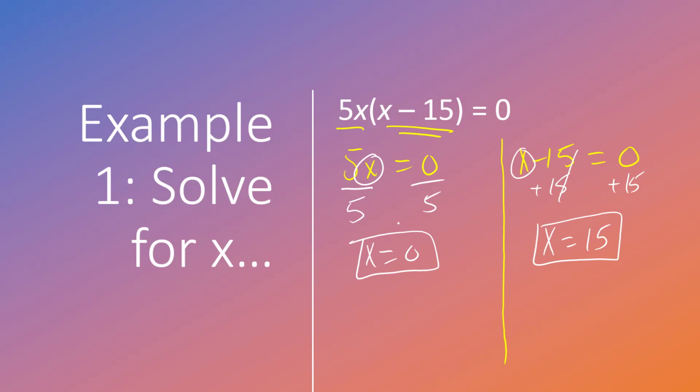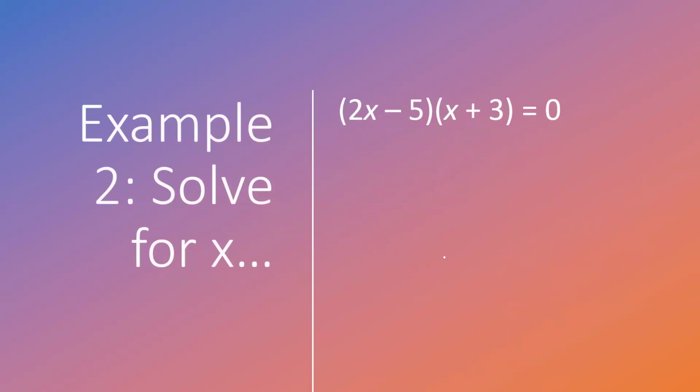So you check yourself. If I plug 0 in, does this make this 0? Yep. If I plug in 15, does this make this 0? Yes, it does. 15 minus 15 is definitely 0. Still with me? All right, your turn.